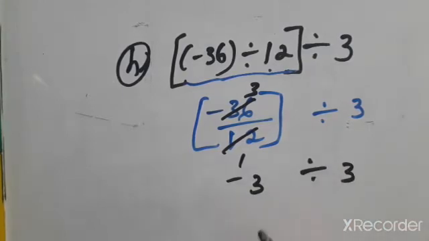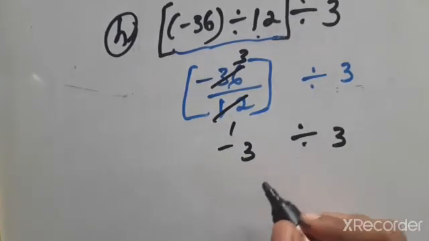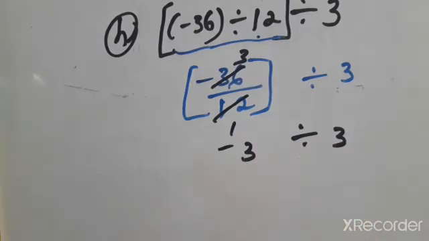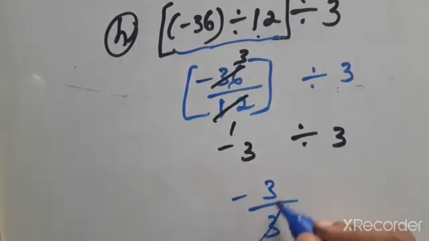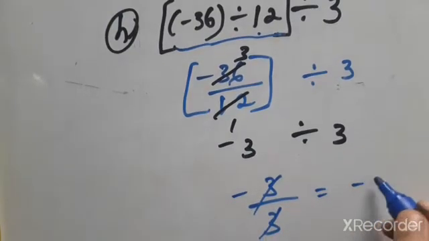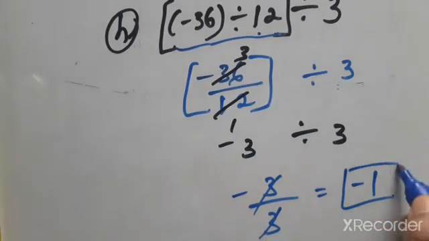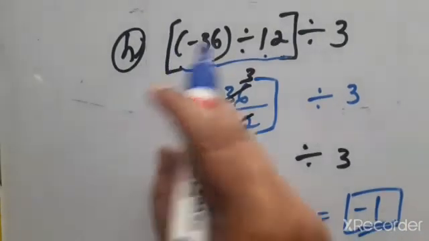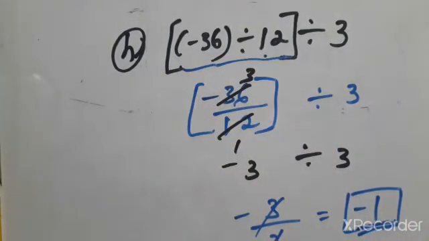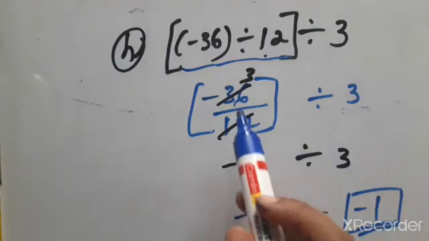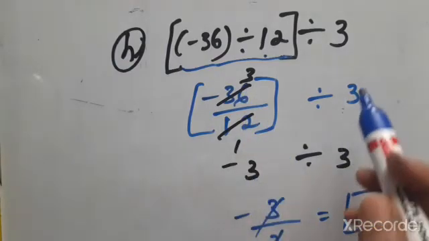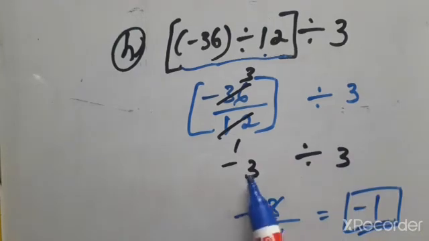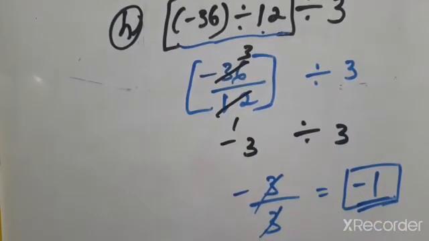So minus 3 divided by 3 means 3 ones are 3. The answer is minus 1. This is the answer.